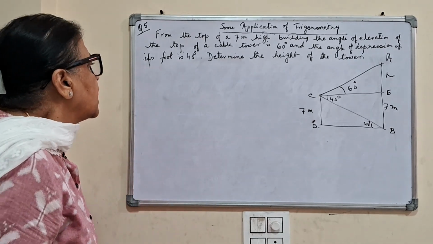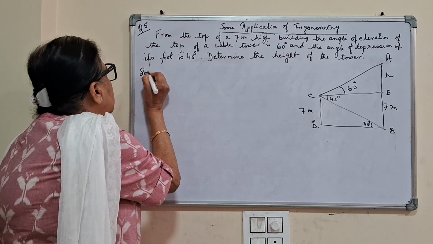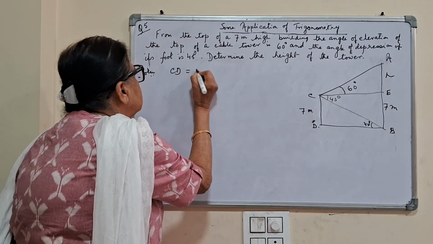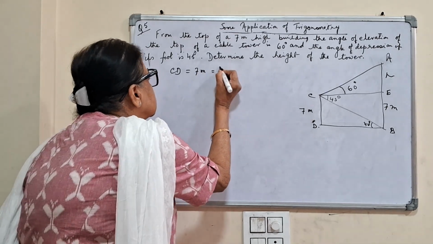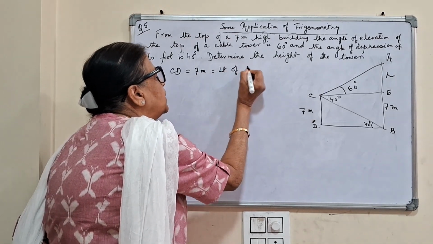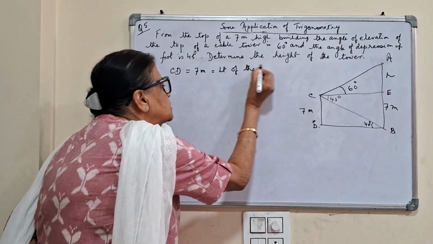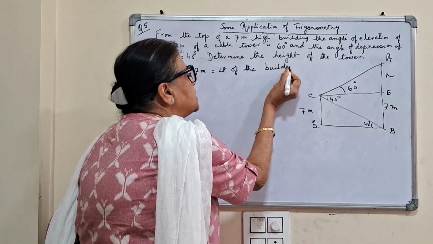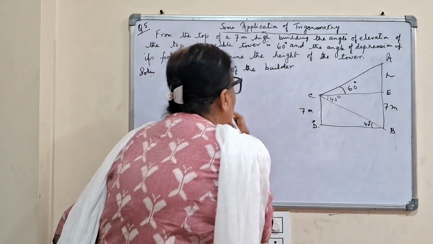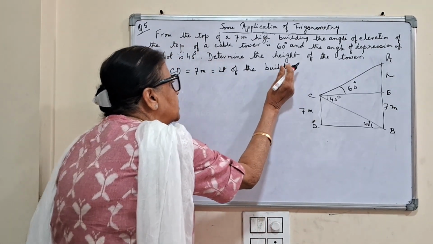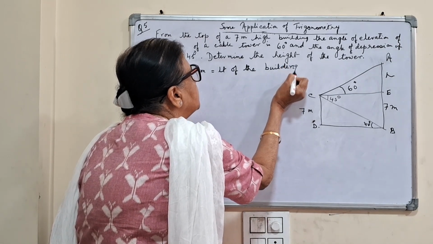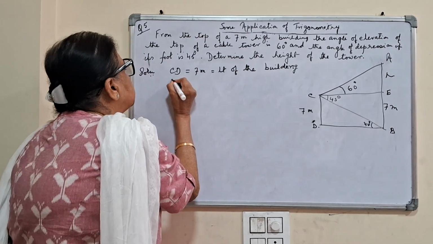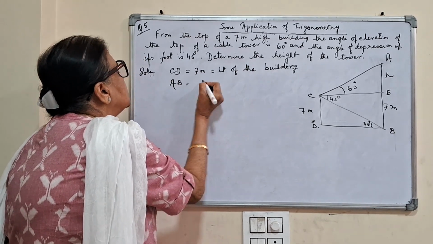Solution: CD is equal to 7 meters, the height of the building. We have to explain the figure, because this is a subjective paper. CD is the building and AB is the tower.